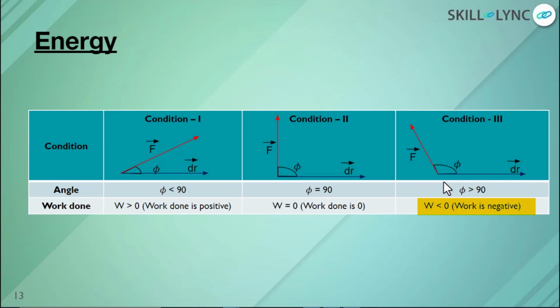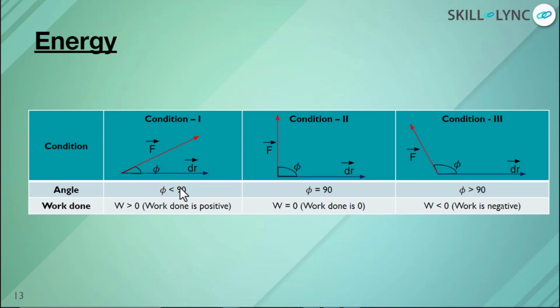As we already know, work done is Ft cos phi, and since the angle between the force and velocity is greater than 90 degrees, from basic trigonometry, cos 90 is 0 and when phi is greater than 90, cos phi is negative. Therefore, when a negative value is multiplied by Ft, that is the tangential force, the net work done would be negative. Let me reiterate this complete situation.